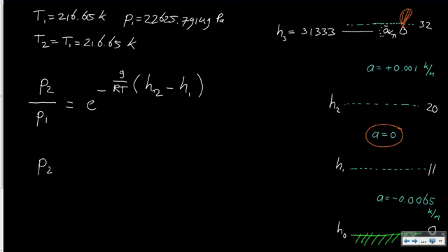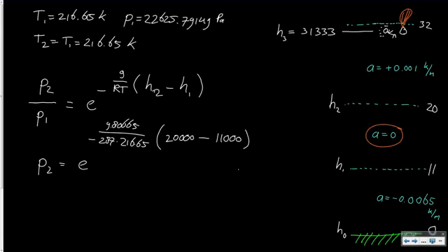P2 is e to the power minus 9.665 divided by 287.79149 times 216.65 times the altitude, which is 20,000, again in meters, minus 11,000.